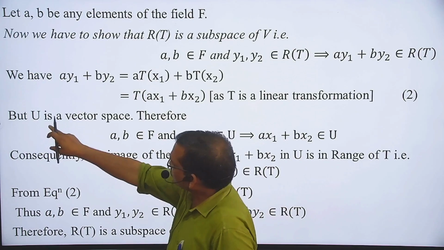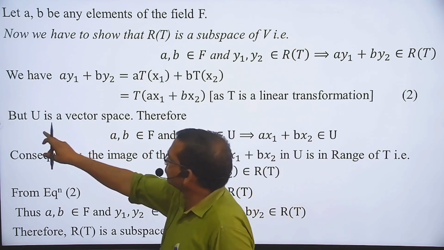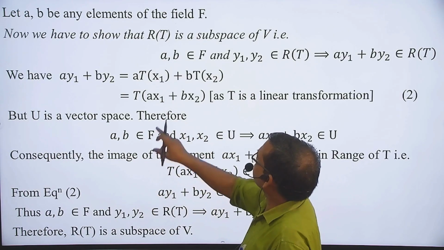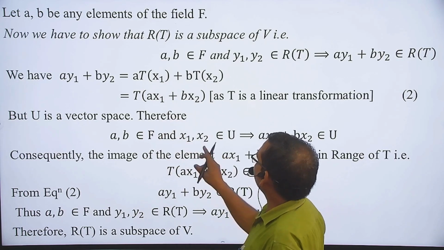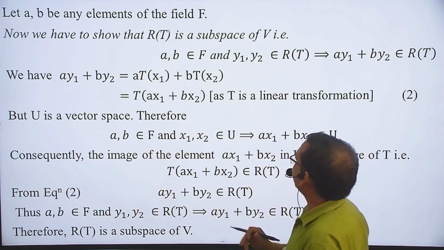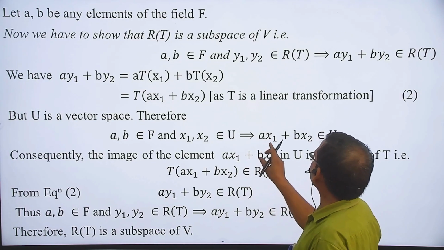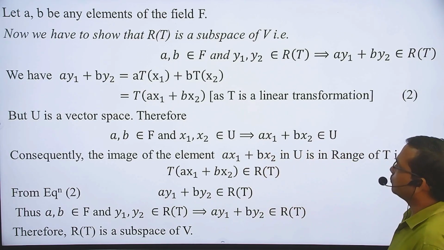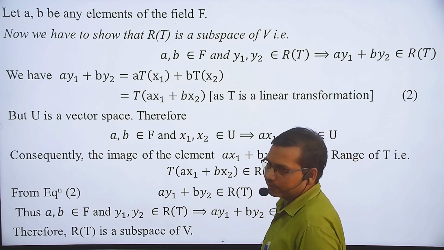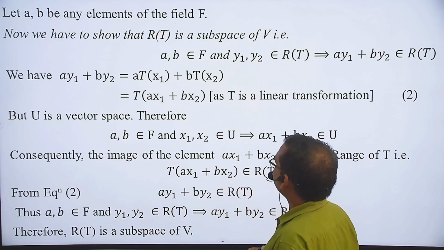But U is a vector space. It means the domain U is a vector space, and x1, x2 are vectors of U, and a, b are field elements. So a x1 plus b x2 belongs to U by the property of the vector space. Because U is a vector space, it holds vector addition and scalar multiplication.